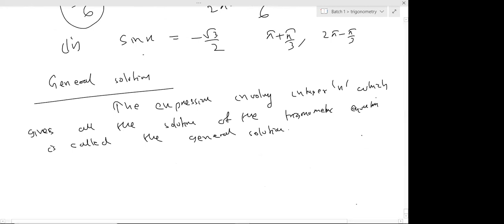All right, just note it down. I'll explain. Sir, what is after involving? Integer. The expression involving integer n, which gives all the solutions.